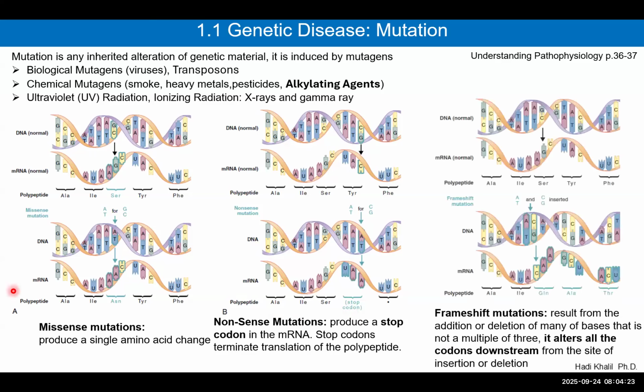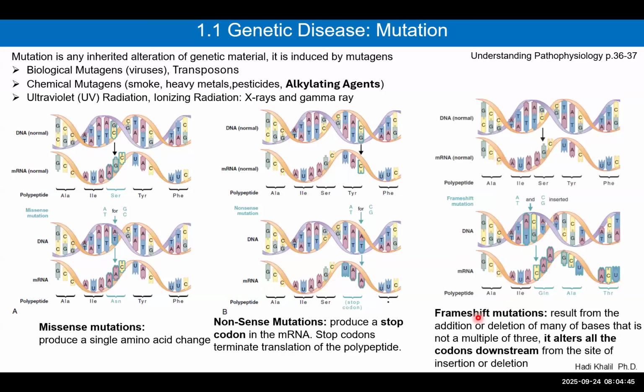And the third one would be a frameshift mutation. Now the frameshift mutation is not only one single change, it's more than one. You need at least two. So what has happened here, you inserted two different nucleotides.